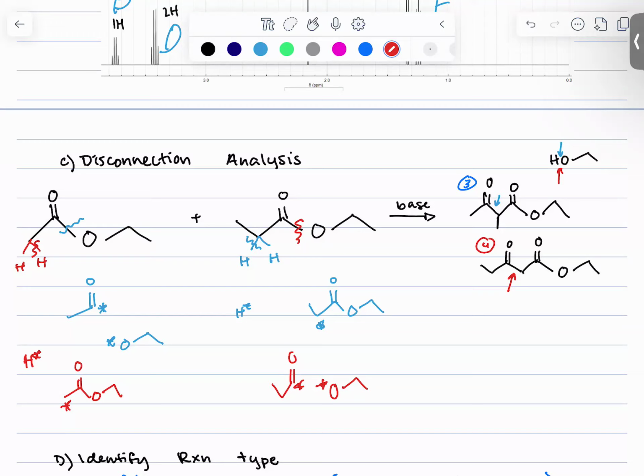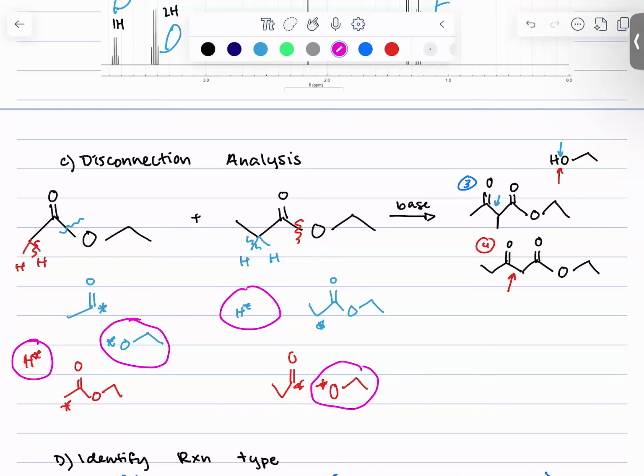What are they? They both make an H star, and what else? That O attached to 2 carbons.